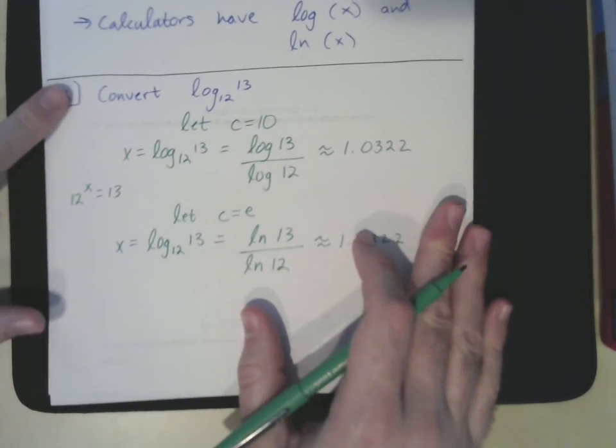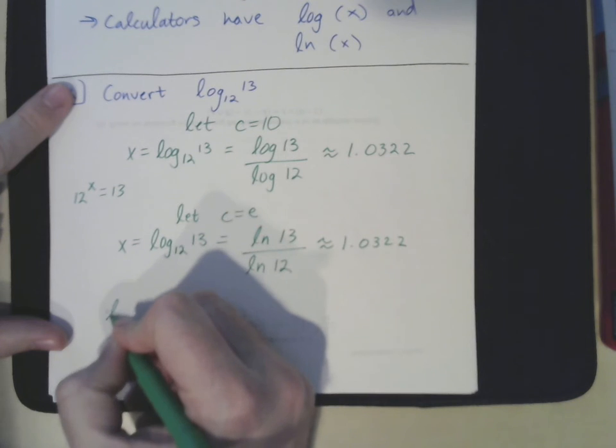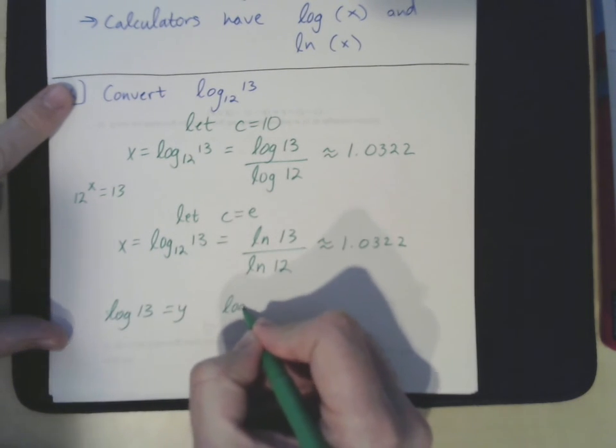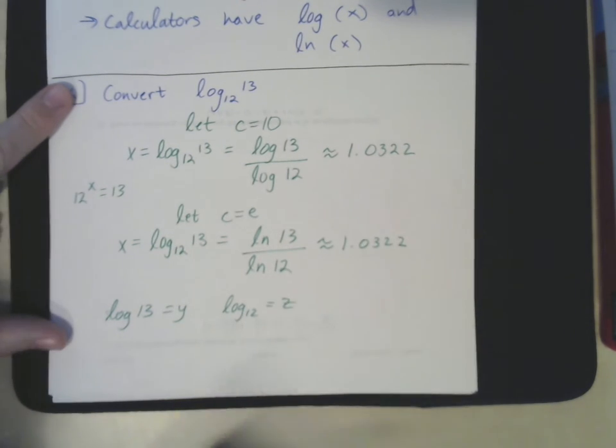So let's write that out. So log 13 equals y, log 12 equals z.